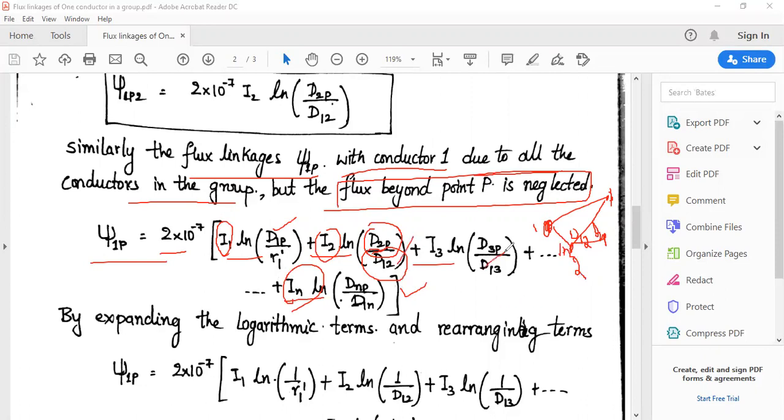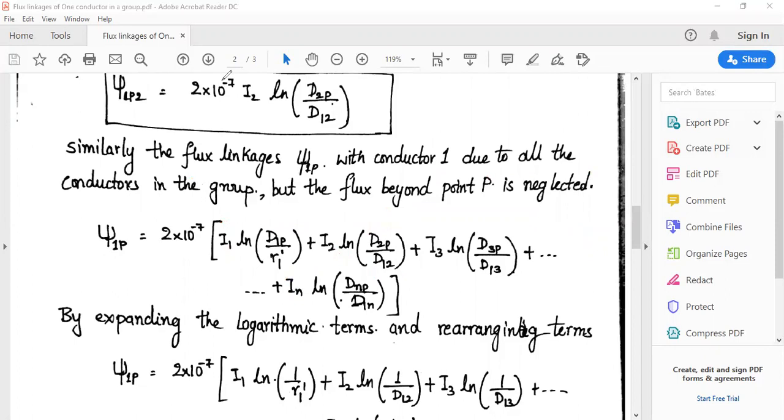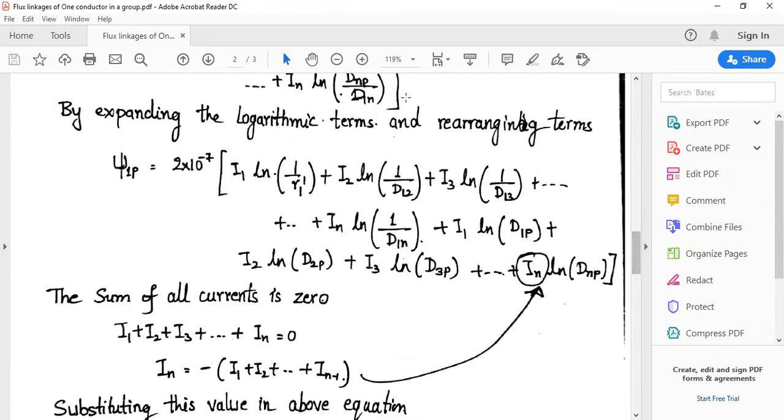In a similar manner, we can extend the same analysis for the remaining set of equations also, and we can check it out. If I want to expand it by simple logarithmic terms, I can expand it by the product rule.